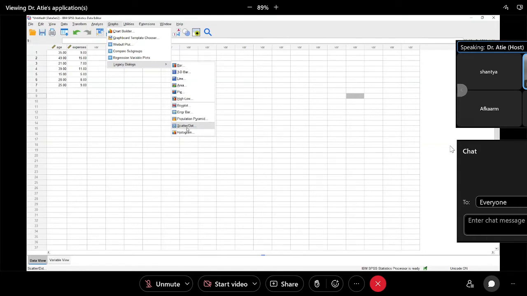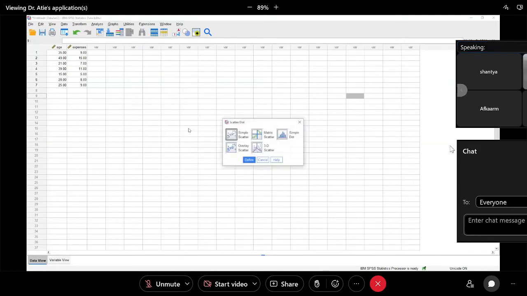Go to graph, legacy dialogs, scatter/dot, and then you can just choose simple scatter, the first one. Okay. So once you finish that one, click define. Okay, please write it down. Okay, the steps so you won't forget. Just write it down below the graph.